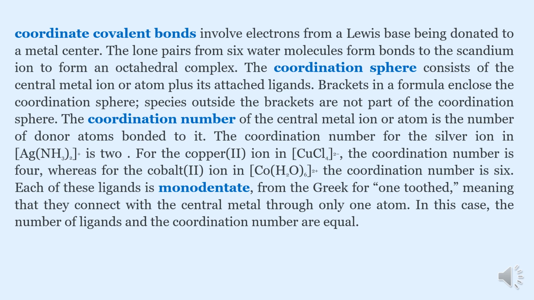For the copper ion in tetrachlorocopper, we have 4 chlorine atoms, so the coordination number is 4 because each ligand has one donor atom. For the cobalt ion, the coordination number is 6.